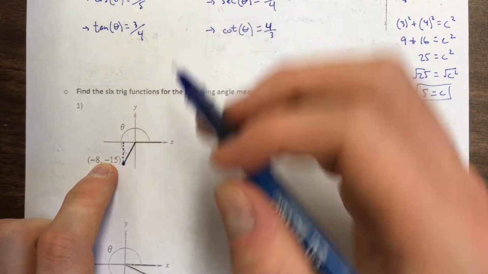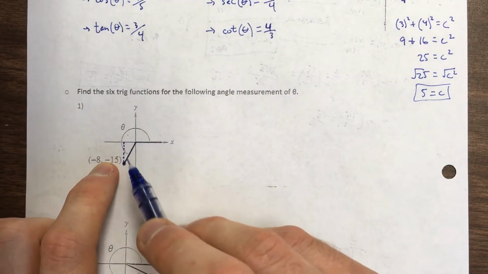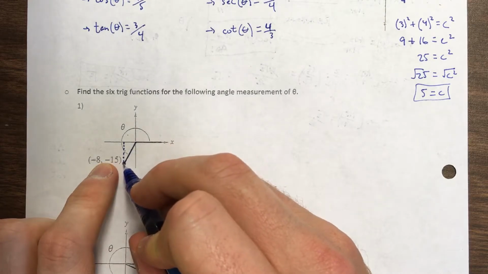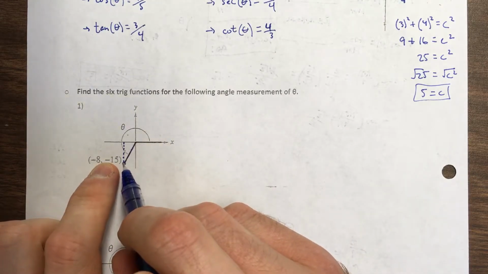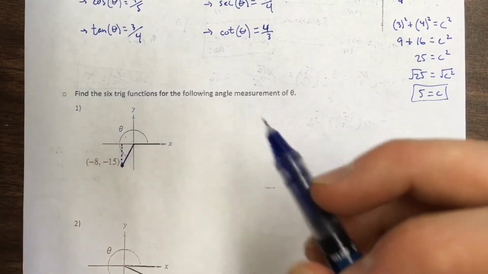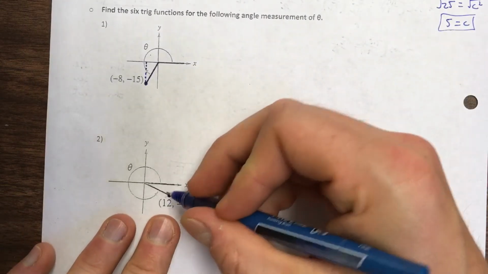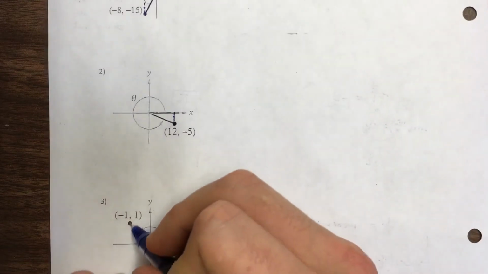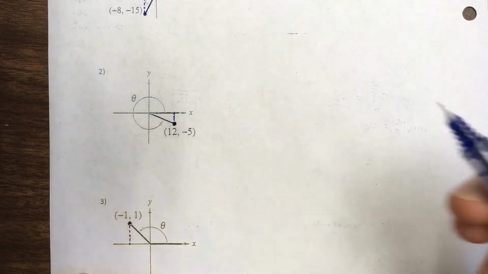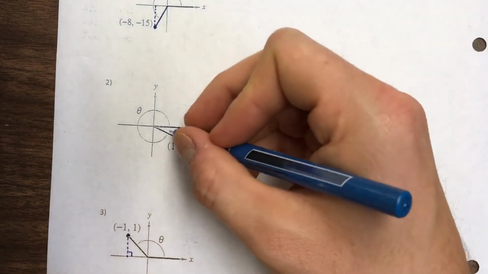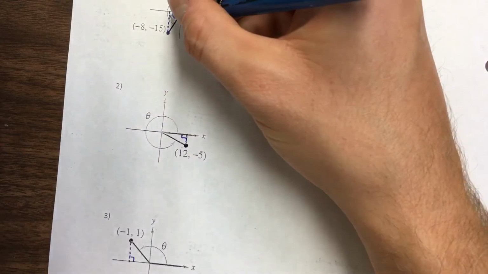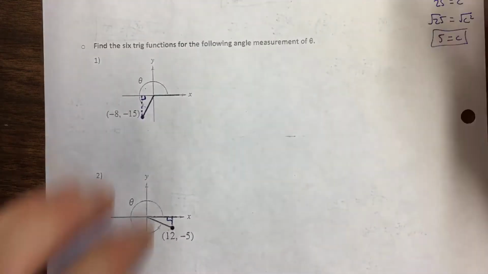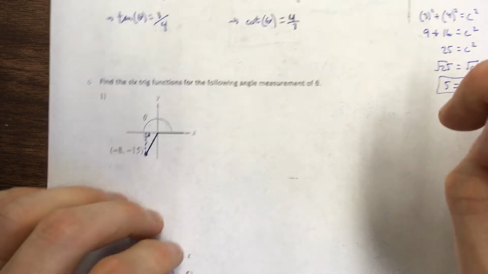Thank you. So no matter where our point is in the coordinate plane, we're always going to draw our triangle from that point directly to the x-axis. Here, directly straight up to the x-axis. Here, directly straight down to the x-axis, always, to create our right triangle. If you have questions on why, I can explain that in class.